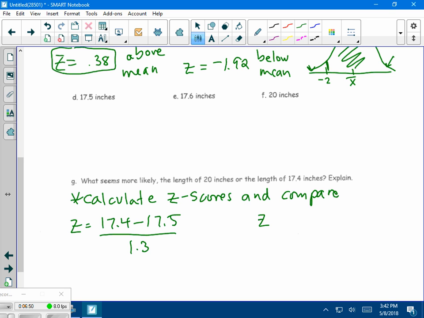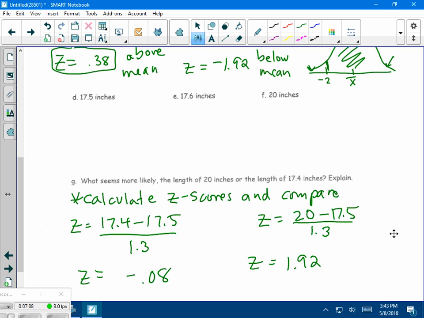And then for the 20, plug that in, over the 1.3. This one comes out to be just a hair less than the mean. This one comes out to be significantly greater than the mean.